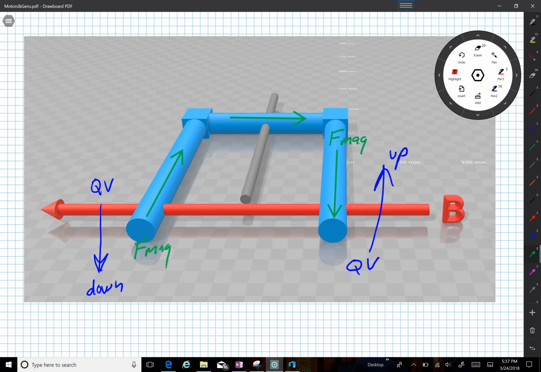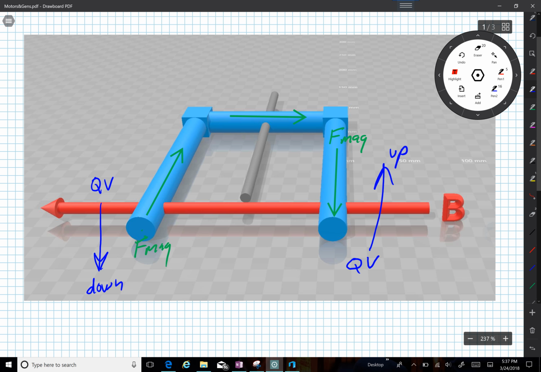And what I've created now, if the force on the charges that are on the wire force those charges to move along the wire, then I've created electric current. When charges move along a wire, that's electric current.